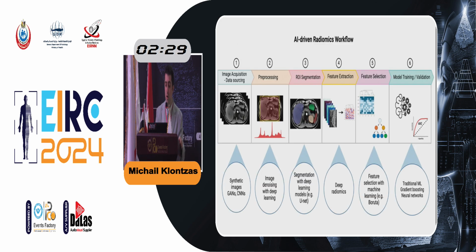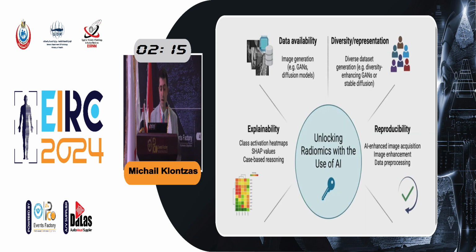So overall, you can see that we can have AI algorithms that can be used at all steps of radiomics analysis and can give you information and can enhance the analysis so that you solve problems that come along the way. So in the data availability part, for example, you can have generation of synthetic images.